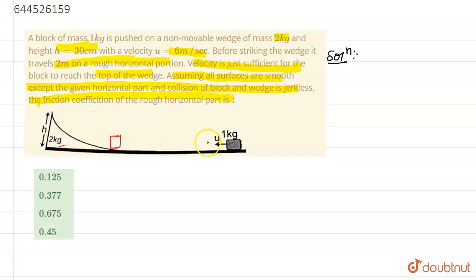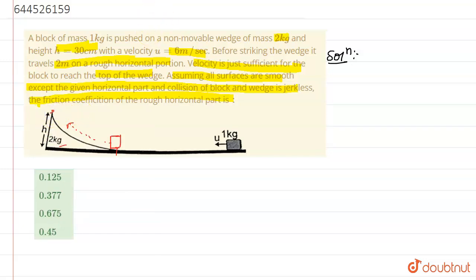Here at this position the block is trying to go up this inclined surface, and at the same time there are no external forces applied, and at this point the block reaches the maximum height.